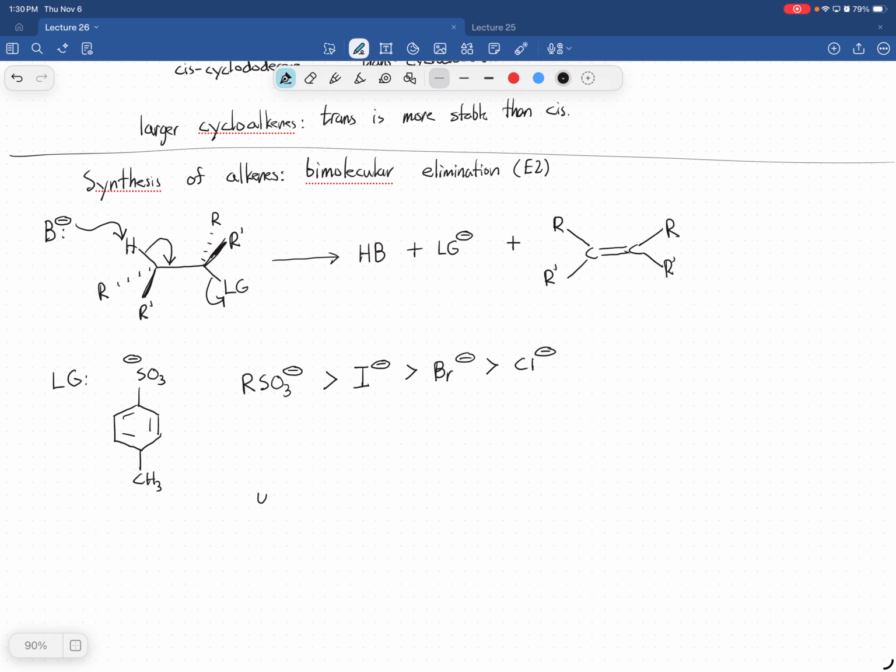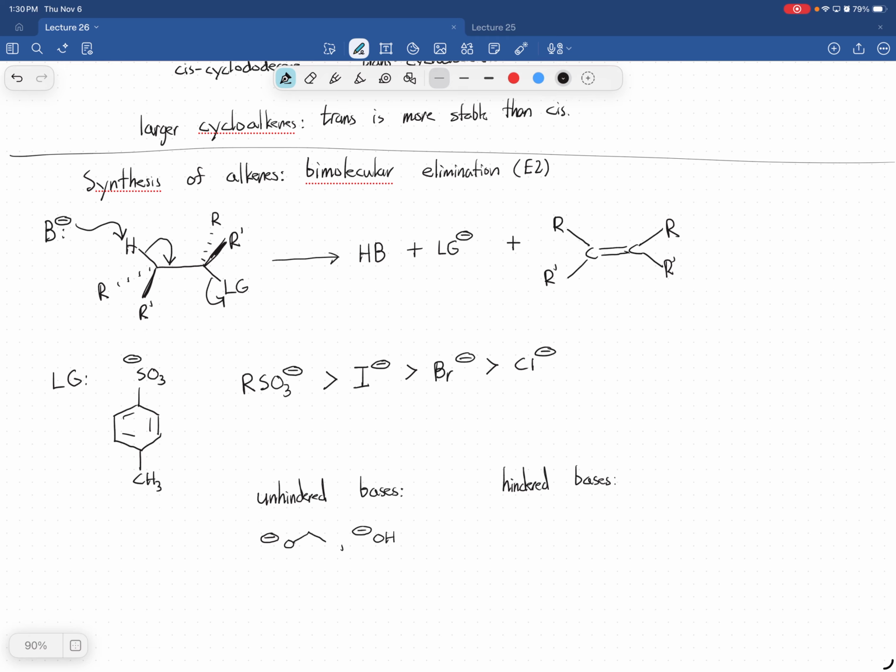Our bases can be two different classes: unhindered bases and hindered bases. Our unhindered bases are alkoxide or hydroxide, so any form of alkoxides or hydroxides.